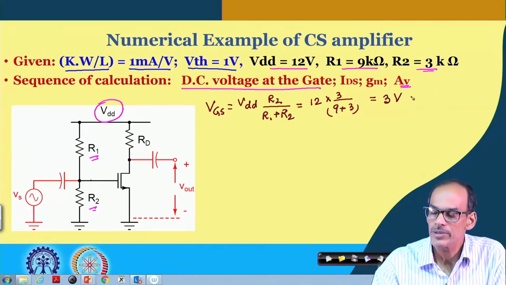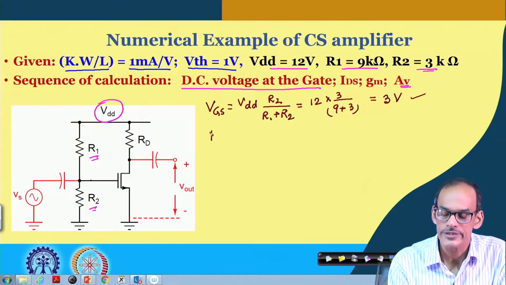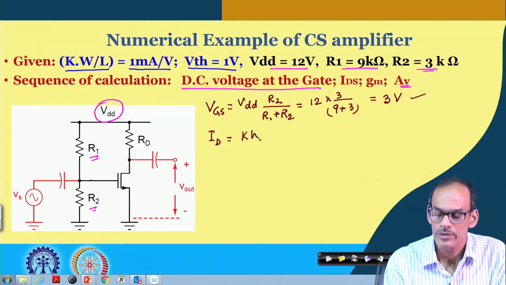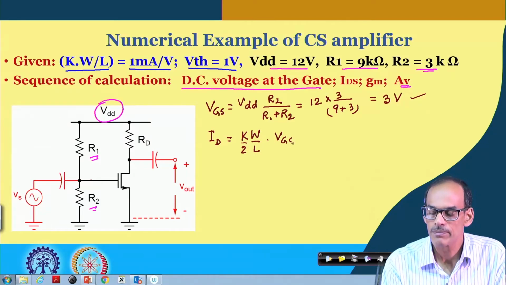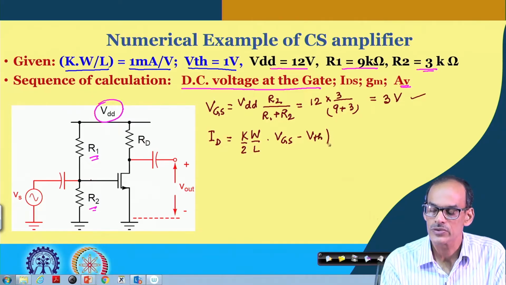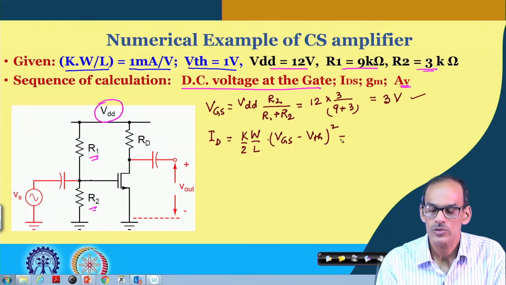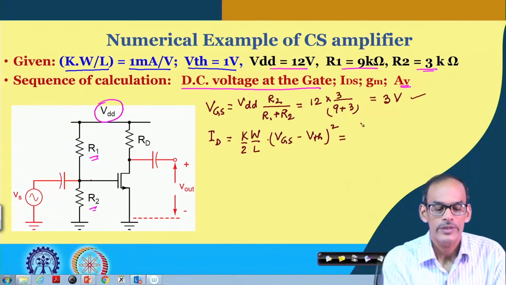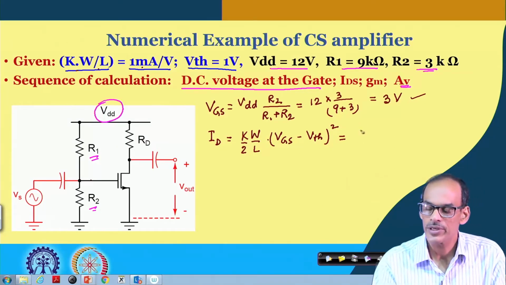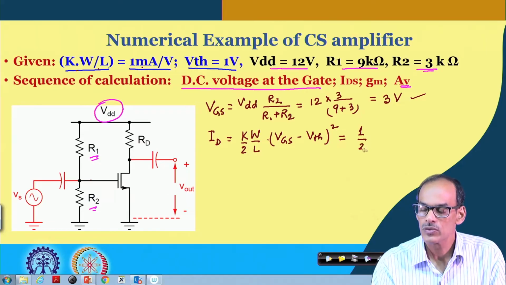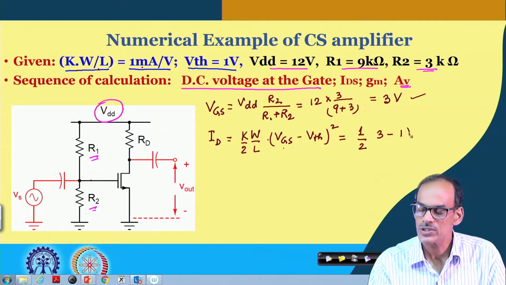Now, using this information, I can say that IDS is K W by L, with 2 in the denominator, times VGS minus VTH squared. So, that gives us K into W by L, which is 1 milliampere by 2, then 3 volt minus VTH squared.